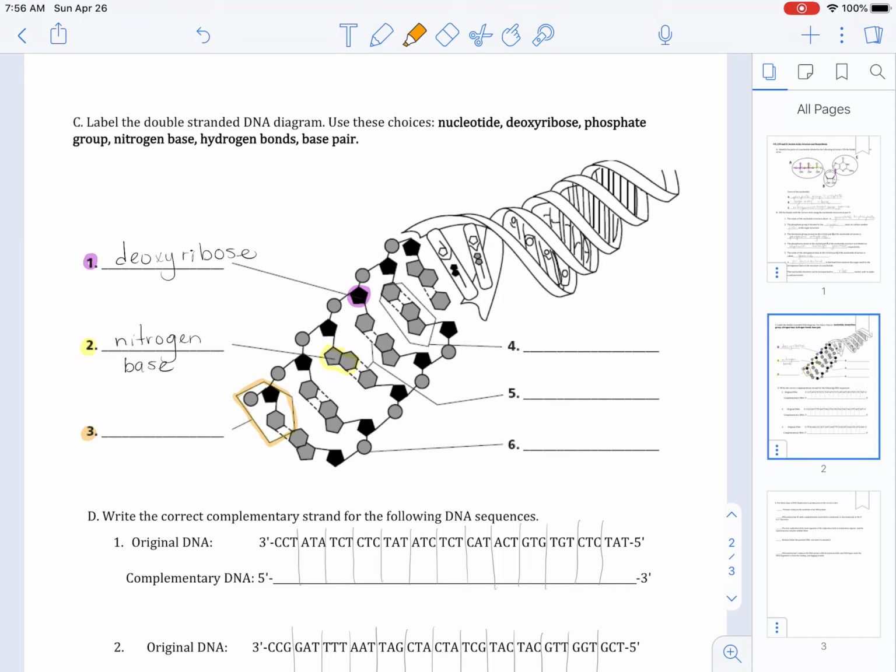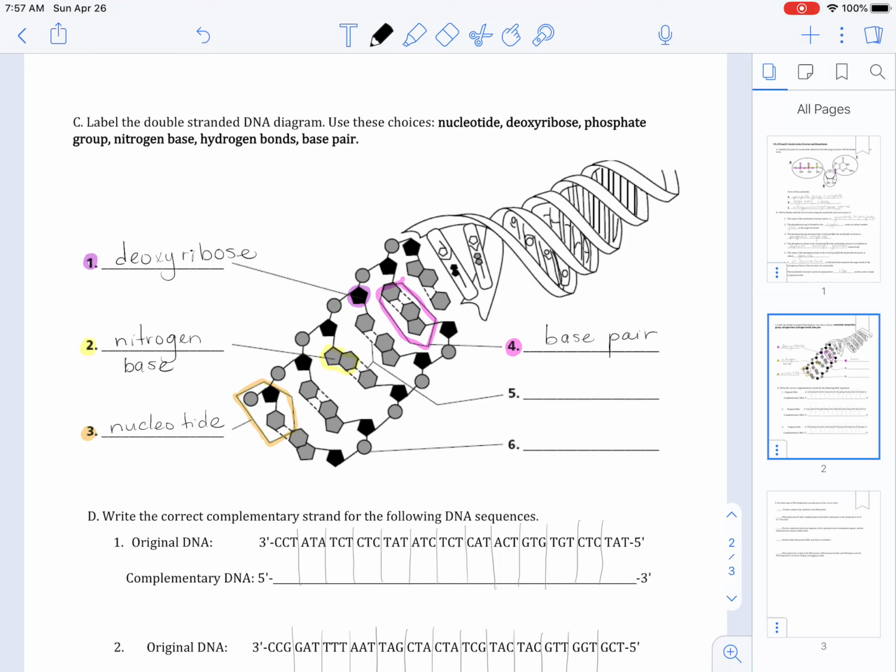So this means that that is going to represent a nucleotide. Number 4 represents all of this, which is a base pair.